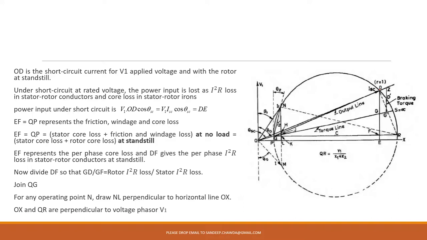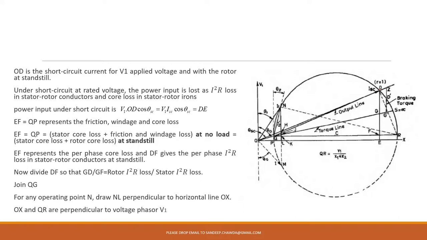Please remember this thing. Under short circuit at rated voltage, the power input is going to be lost in I square R loss. Where will the I square R loss be? It will be in the conductors, of the stator and rotor, and power is also lost in the core of stator and rotor.